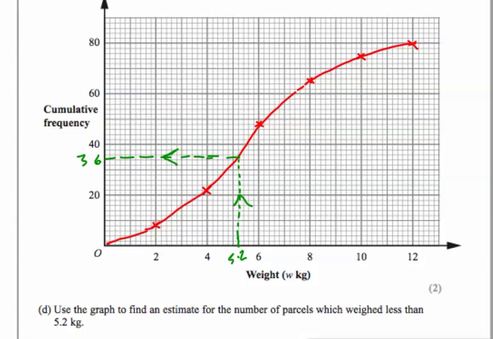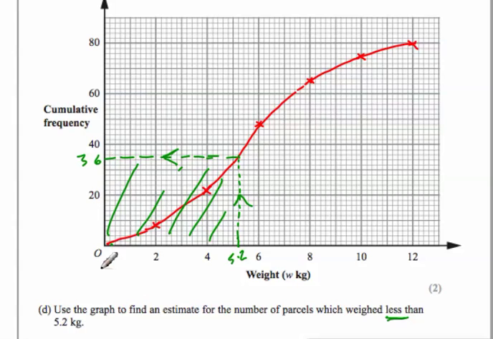Now, you've got to be careful here. This one says find the number of parcels which weighed less than 5.2 kilograms, so we're talking about this part of the graph here. That's fine because we can say that's 36.